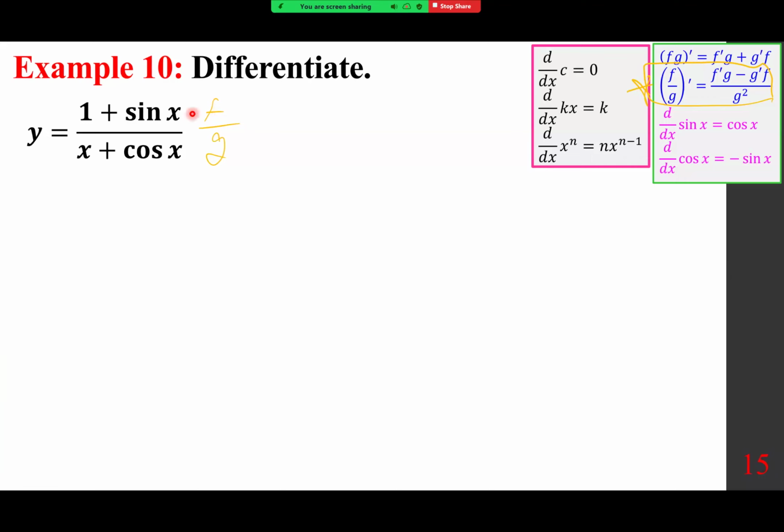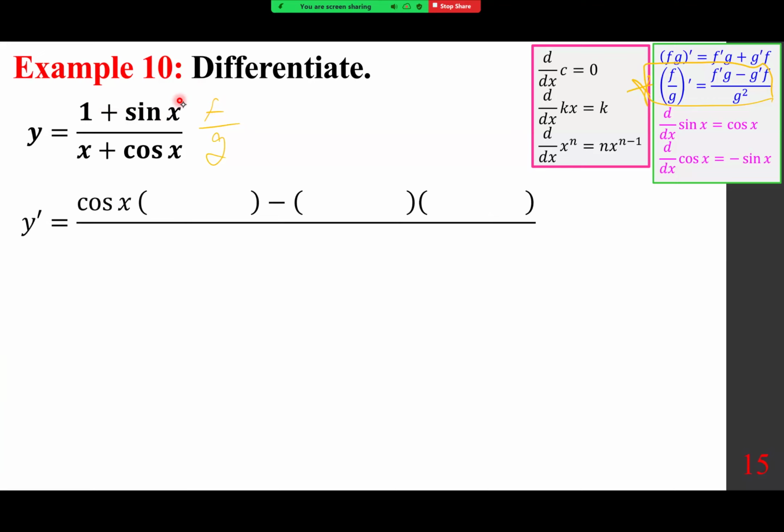So f prime, the top, gives you just cosine, times the bottom, f prime g. I need the g, so I just put in x plus cosine x, minus g prime. The derivative of the bottom is 1 minus sine x, times f, 1 plus sine x, and then over g squared. Just write the bottom and square it in parentheses. You don't have to do anything.